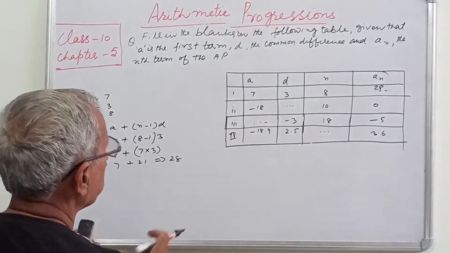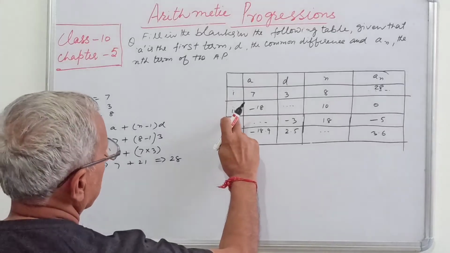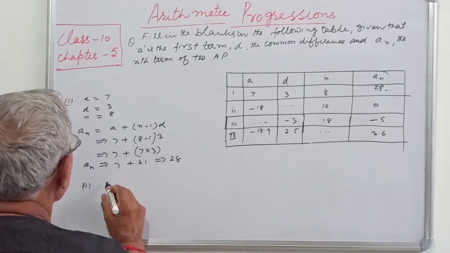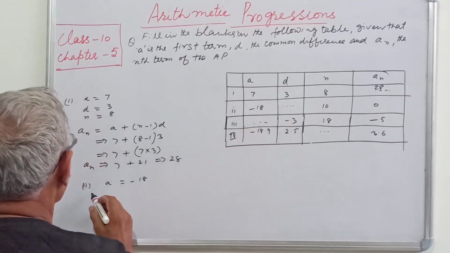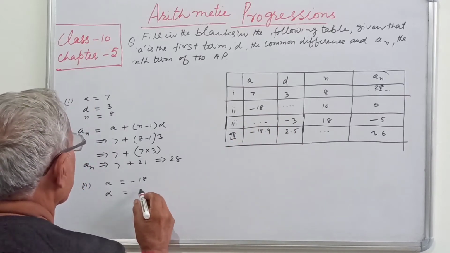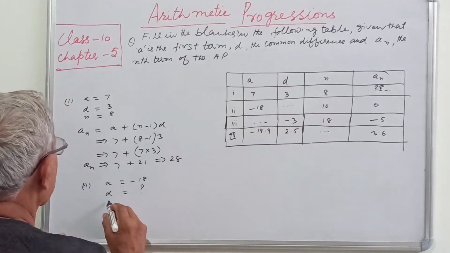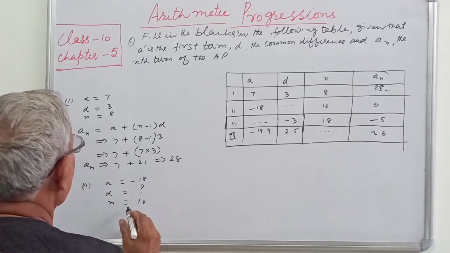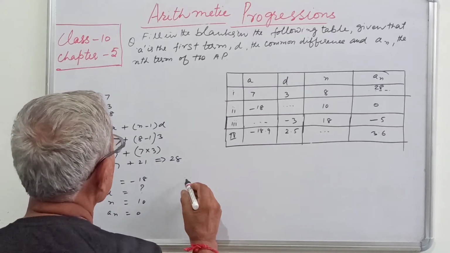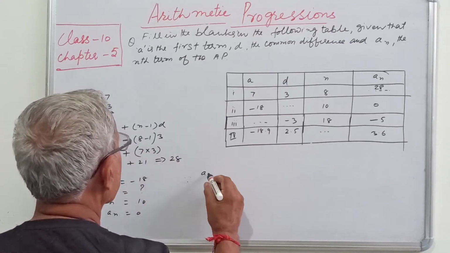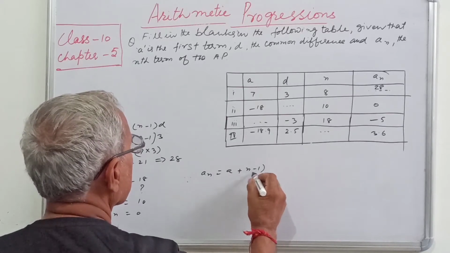Second part: a is equal to minus 18, d we have to find out. So n is 10 and an is 0. So using the same formula, an is equal to a plus n minus 1 into d.